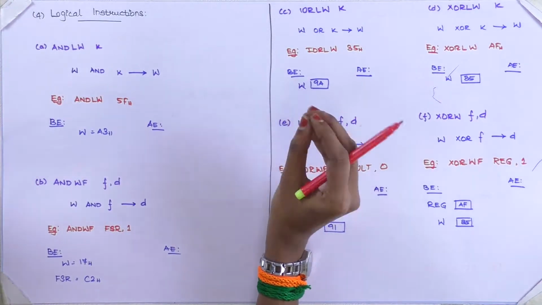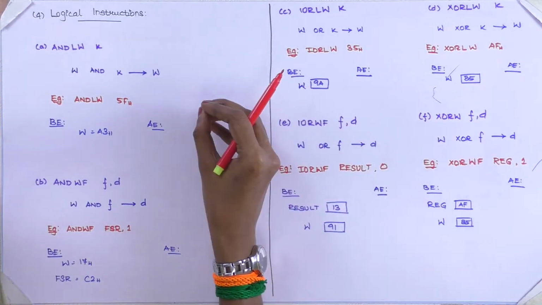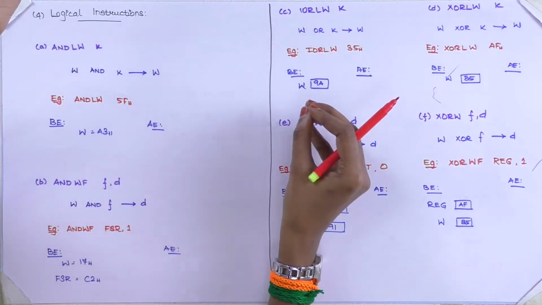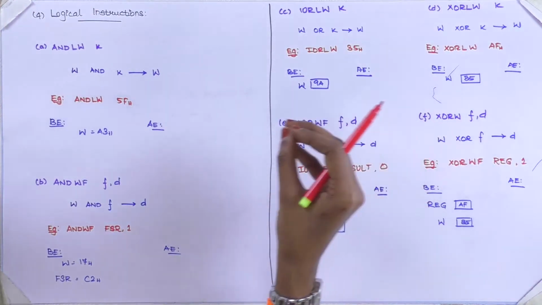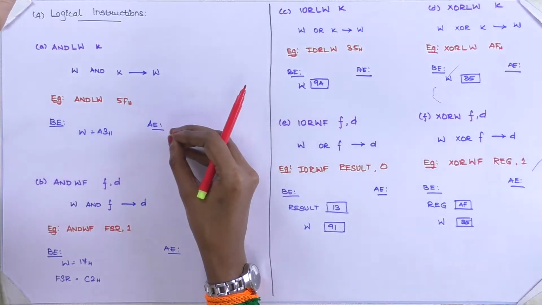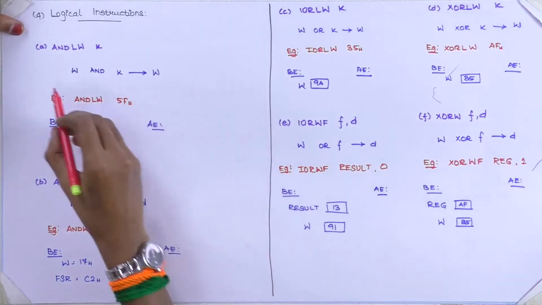If you want to AND the working register with a literal, we have an instruction for that. If you want to AND the working register content with the file register content, we also have an instruction for that. We will see it one by one.